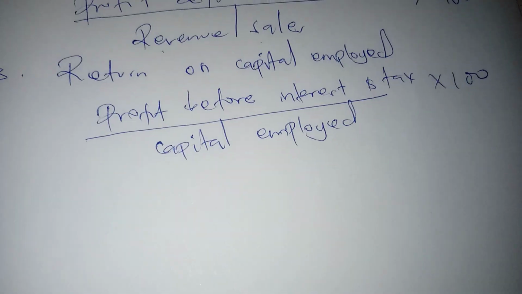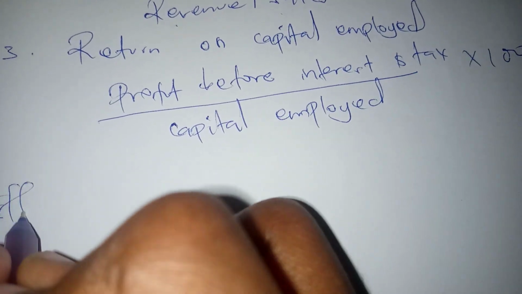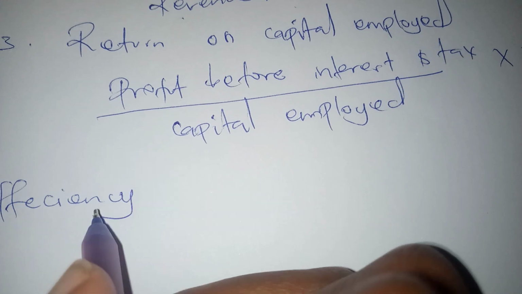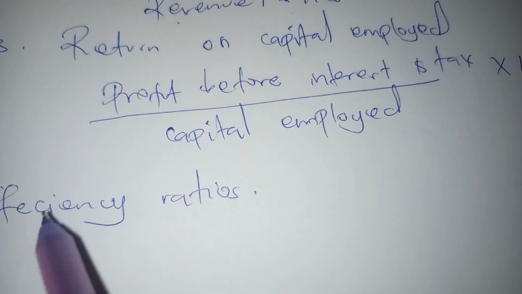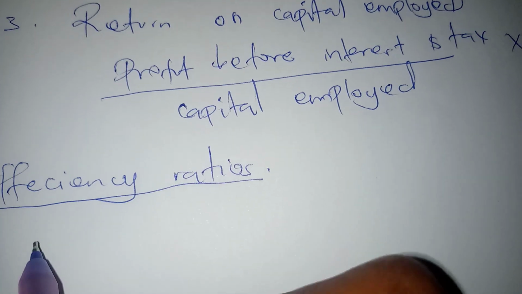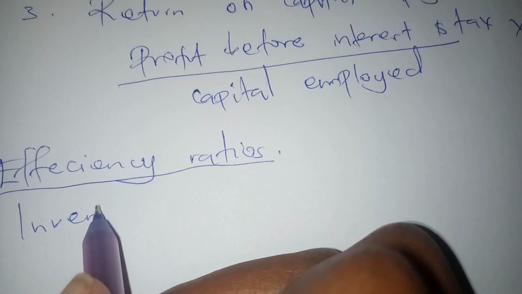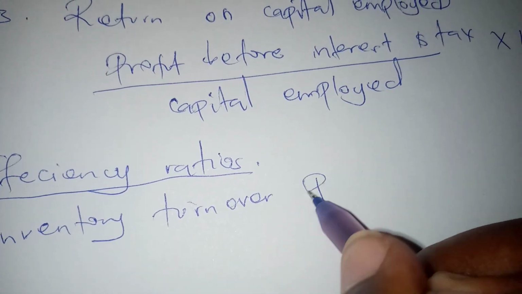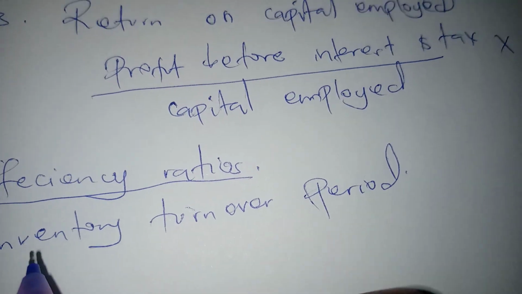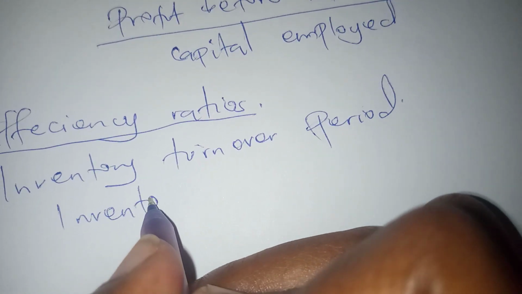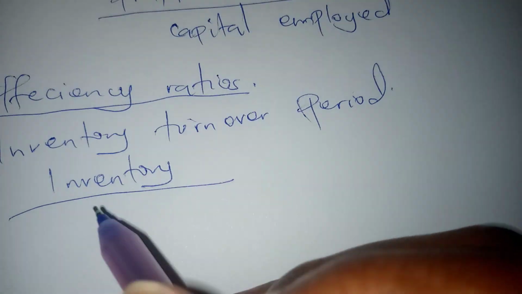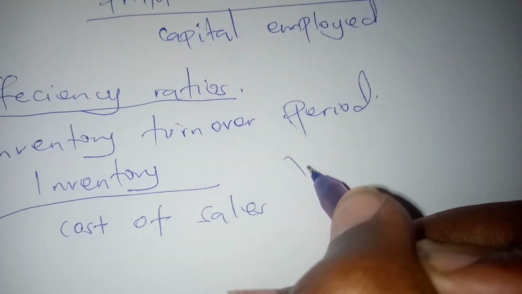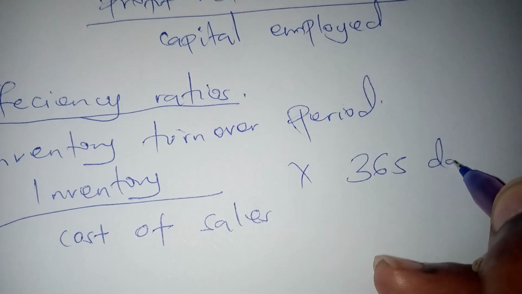Then we go to the efficiency ratios. The first one we have is inventory turnover period. Here the formula is inventory divided by cost of sales, then multiply by 365 days in a year.